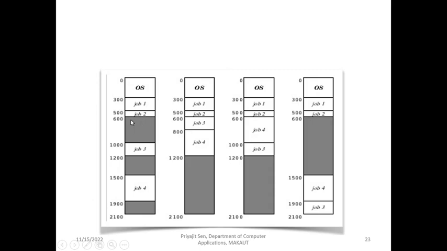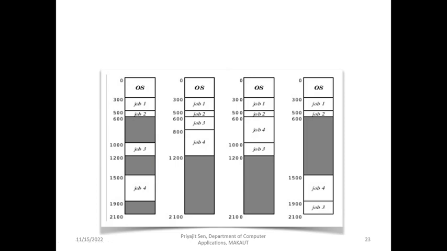Okay, then 600 to 1000 is blank; you can allocate some process there. Okay, and then from 1000, sorry, 1199 up to this there will be job 3.